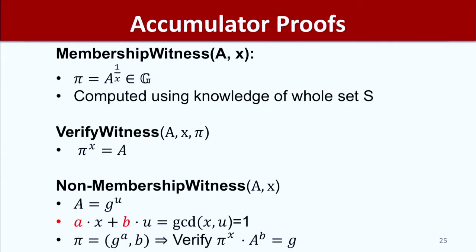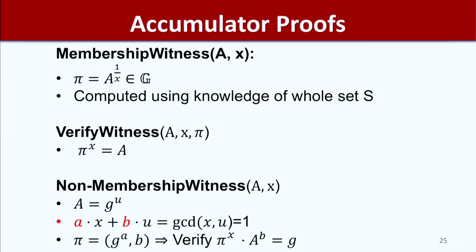Now, what do membership witnesses look like? Well, for the membership witness I'm going to simplify and not refer to the hash anymore. So let's just assume that all the items that we're producing membership witnesses for are already prime numbers. So they're already the hash of the element. So x is the hash of some other element, and it's a prime. In order to give a membership witness for x, I would have to give you the x-th root of the accumulator state A. Okay?